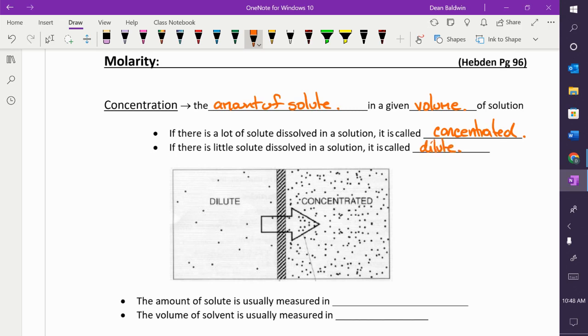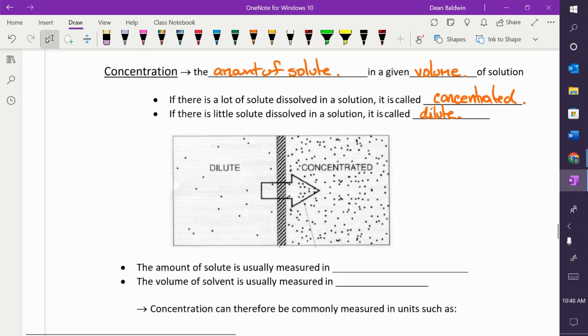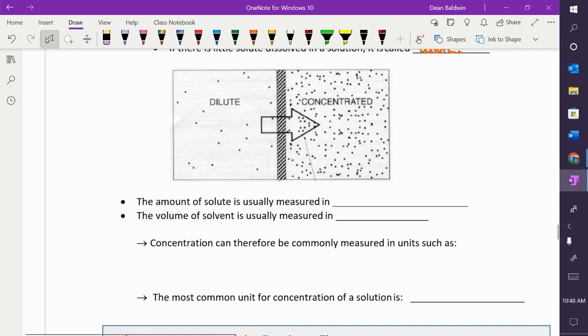So a visual is the dilute does not have very many particles. The concentrated has a lot of particles. That's really all they mean. They don't represent numbers. There's no definitive point where it changes from dilute to concentrated. All right, it's just sort of a general term. We're going to look at the numbers in a sec here, though.